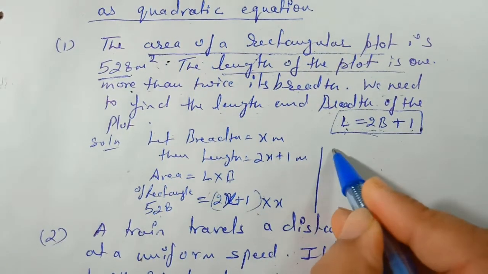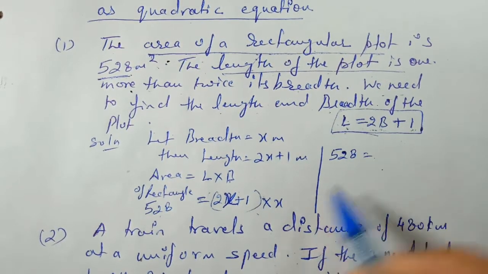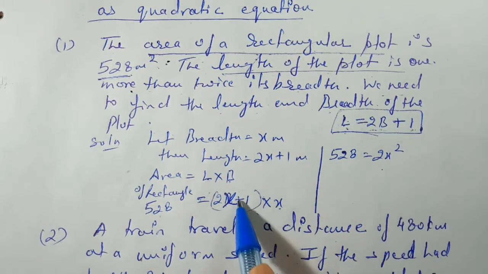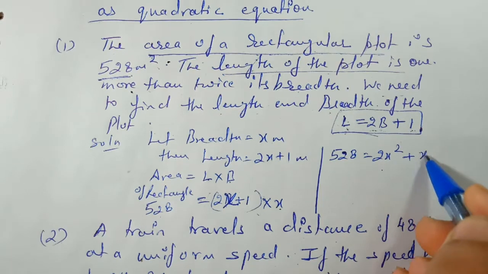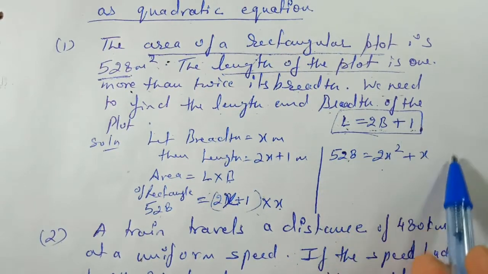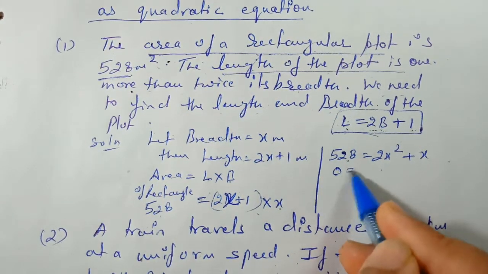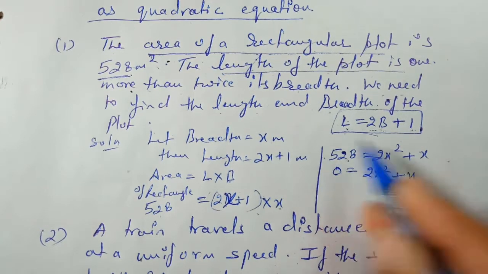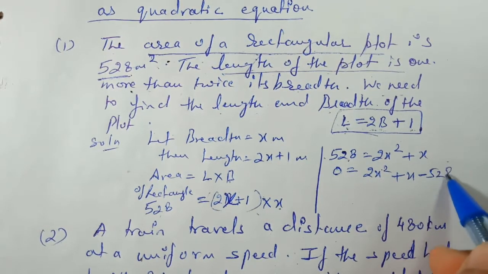Let us multiply. We'll get 528 equal to x into 2x, which gives 2x square, plus x into 1, which gives x. Transpose 528 to the other side. Here we'll get 0 equals 2x square plus x minus 528, since the positive term moves with a negative sign.